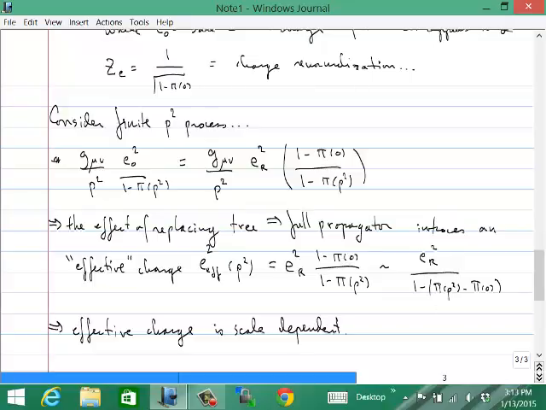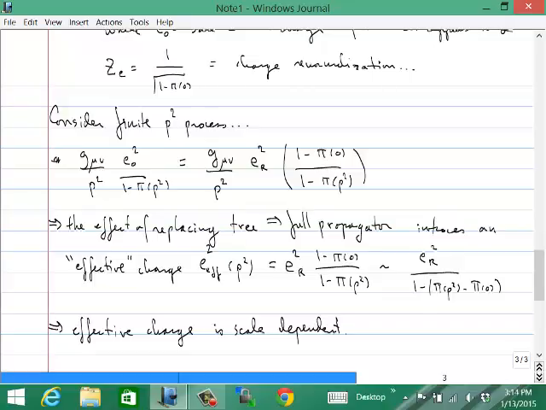So effectively, rather than introducing explicit counterterms and then fixing them order by order in our expansion using some regulator, what I'm going to do is just calculate Π of p squared directly for you and then subtract off the term where p squared is equal to 0. That's completely equivalent to enforcing our normalization conditions and demanding, for example, that the pole in the propagator remains at p squared equals 0 and has residue 1.